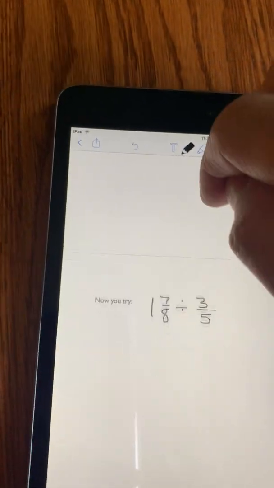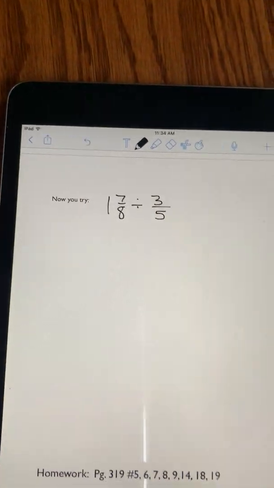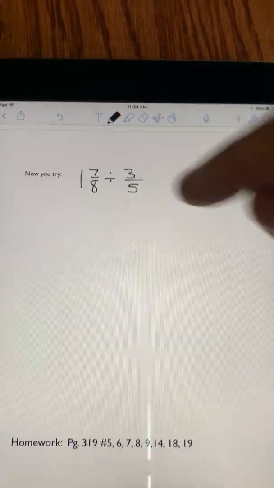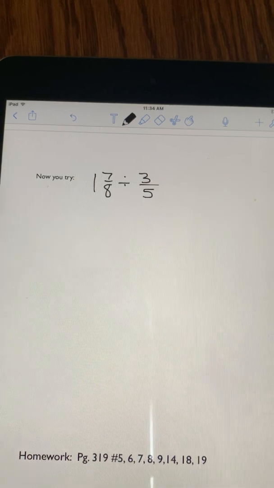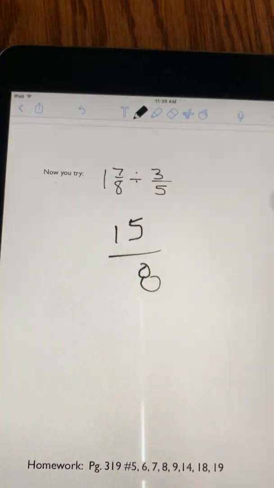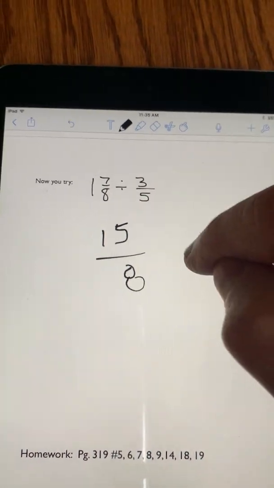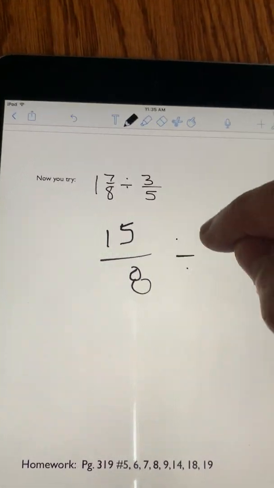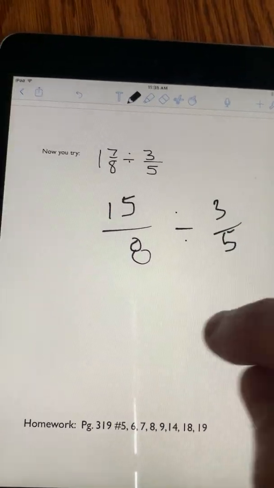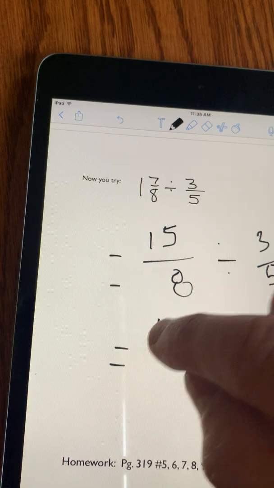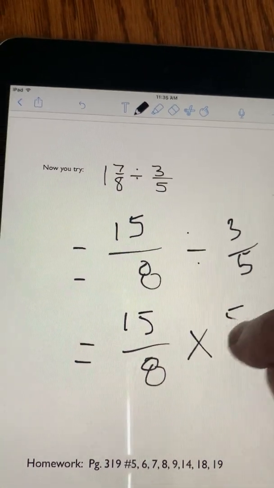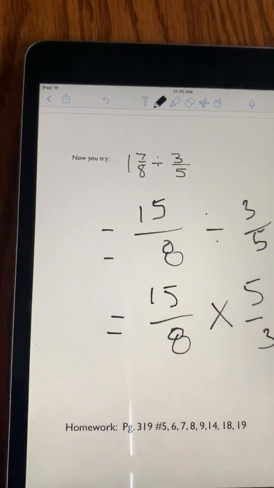So then we go into our next one and we say, now you try. We've got 1 and 7/8 divided by 3/5. To do this properly, we'd say 1 times 8 is 8, plus the 7 is 15. So really we have 15 over 8. Let's do it one step at a time, divided by 3/5. I made this into an improper fraction, and then we can flip our second number. So I have 15 over 8, and we'll make our reciprocal, which is 5 over 3.